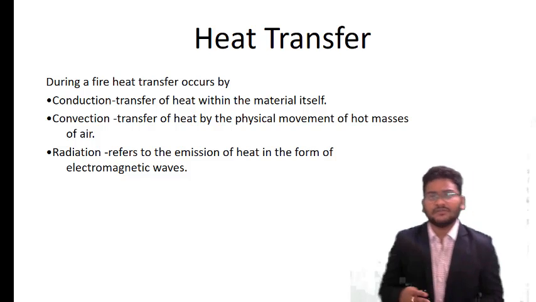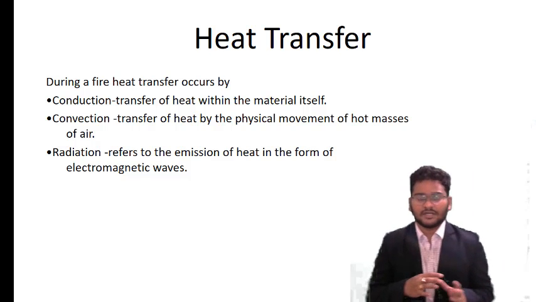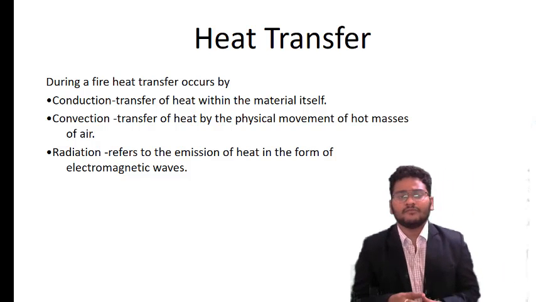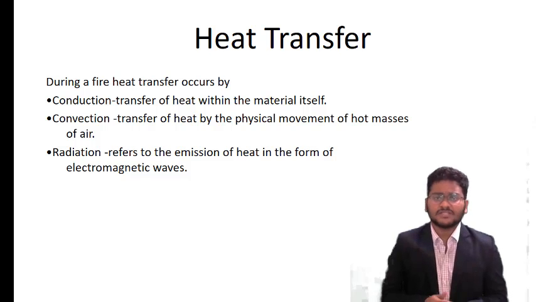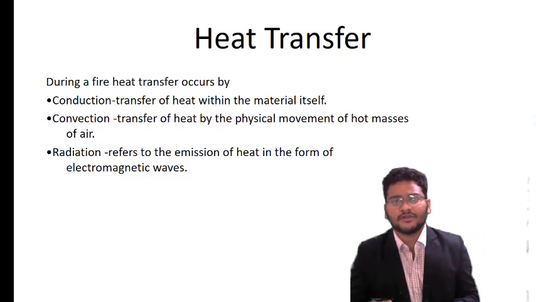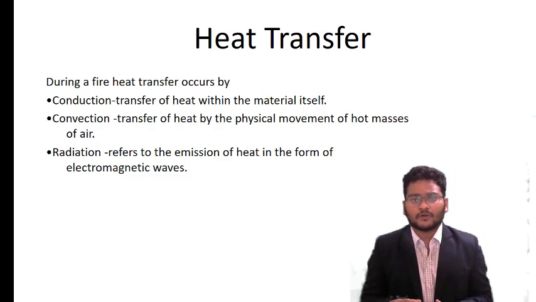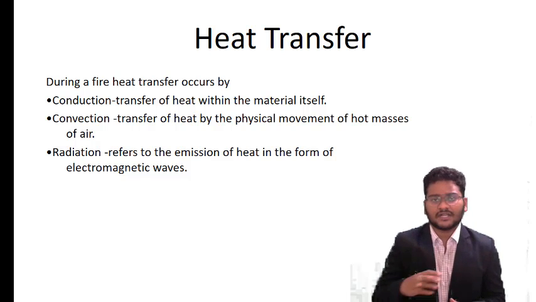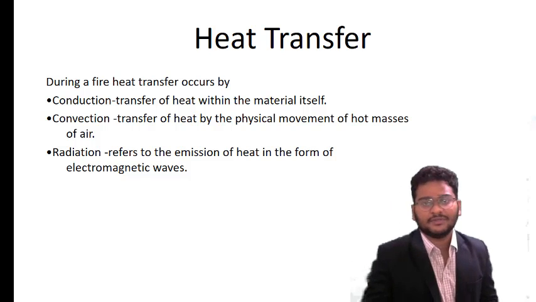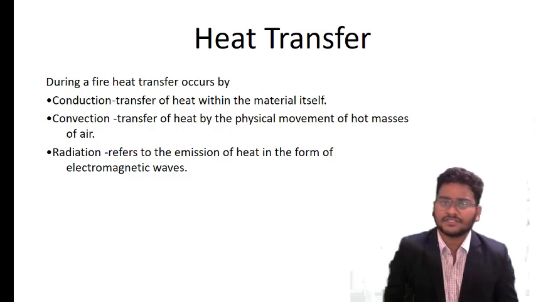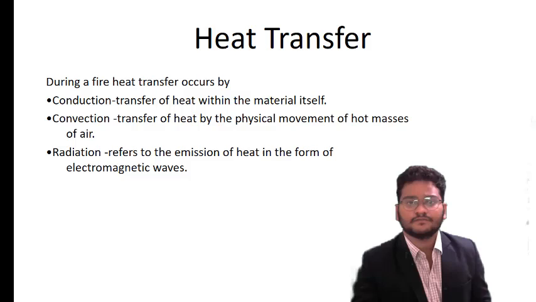Coming to the next one, convection, heat transfer happens through the air from one place to another by the travelling of the physical masses in the air. Next is radiation, which happens through electromagnetic radiation. So these are the three processes of heat transfer: conduction, convection, and radiation.